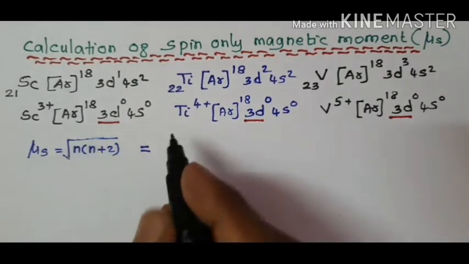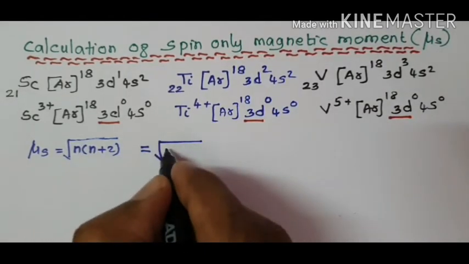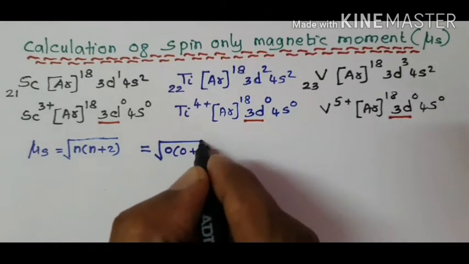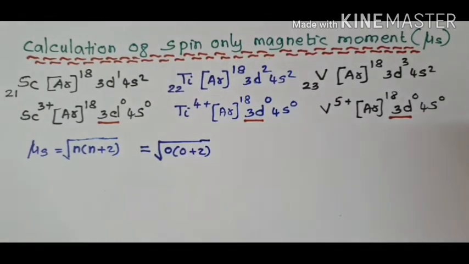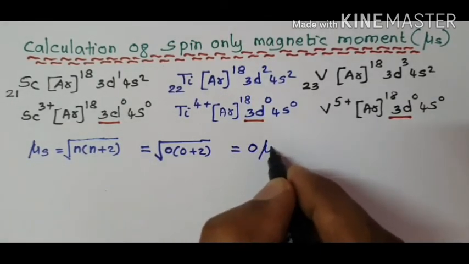In all these ions, the d orbital is empty. So root of 0 into 0 plus 2. Number of unpaired electrons equals 0. That is equal to 0 Bohr magneton.